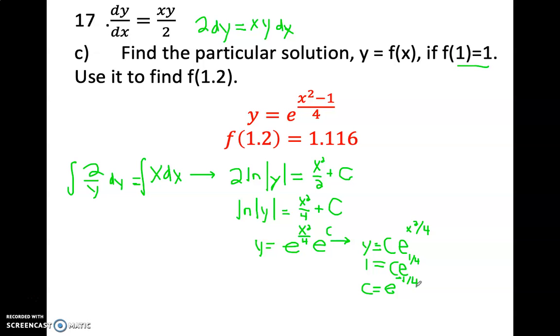So now we go back to this part right here, and we write a final answer of y equals e to the negative 1/4. Then we write times, remember that's the c value.